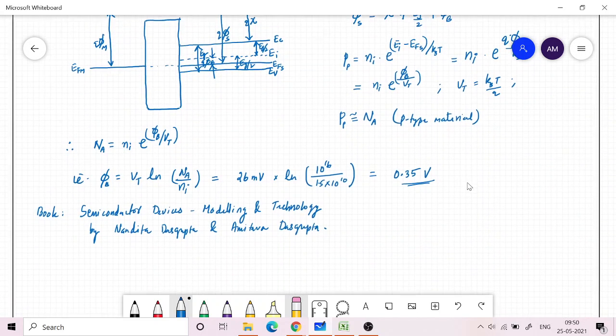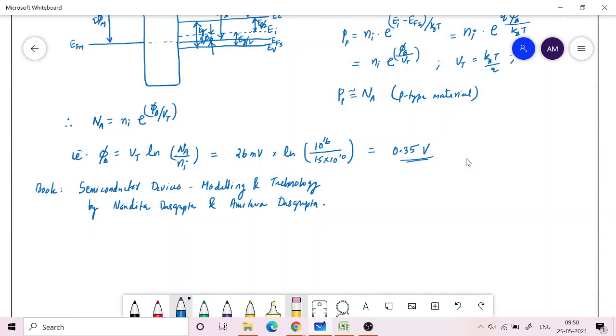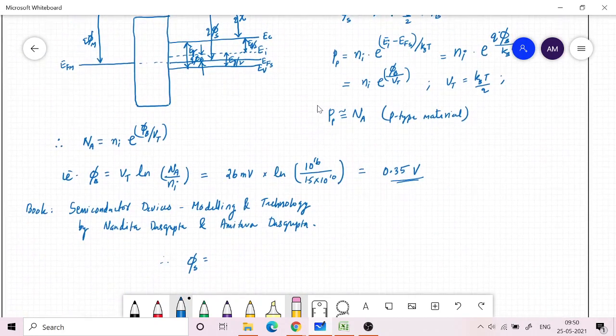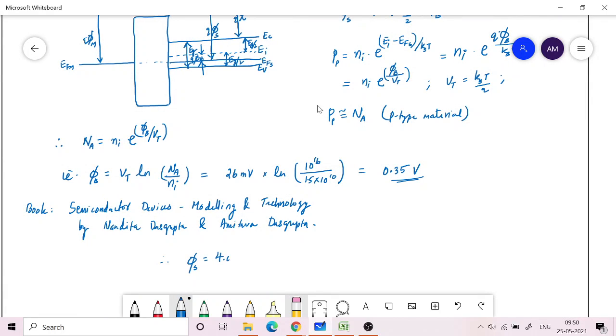Now we can find out phi s, the work function. Let us substitute everything. Chi is 4.05 volt, plus Eg by 2.